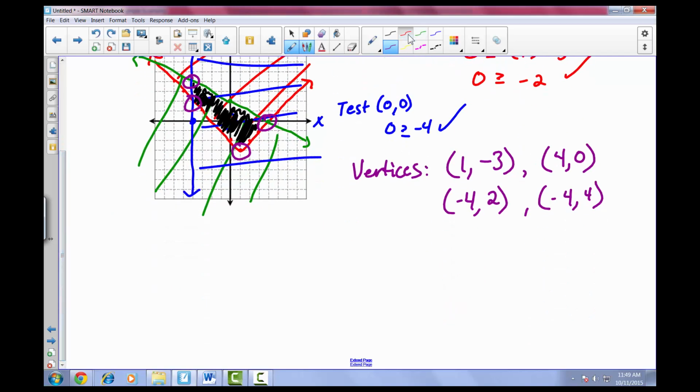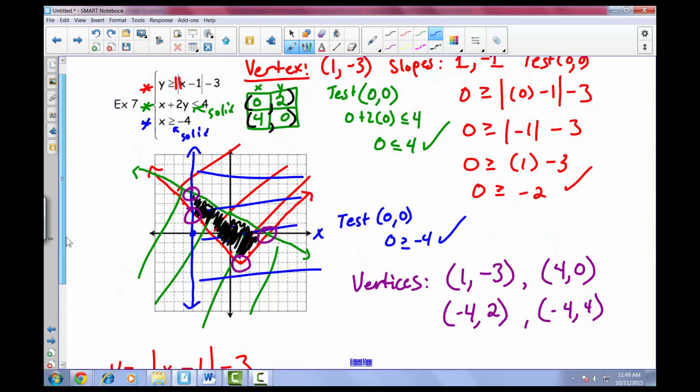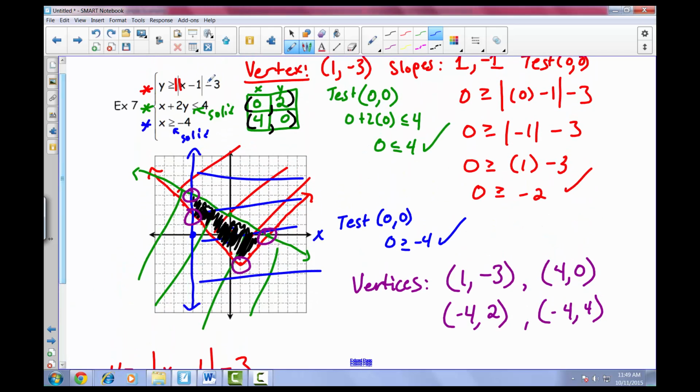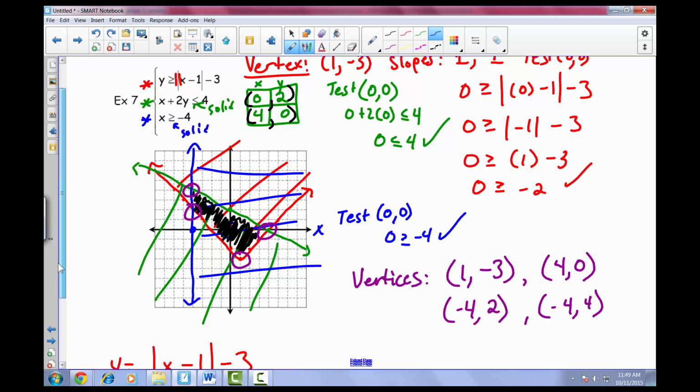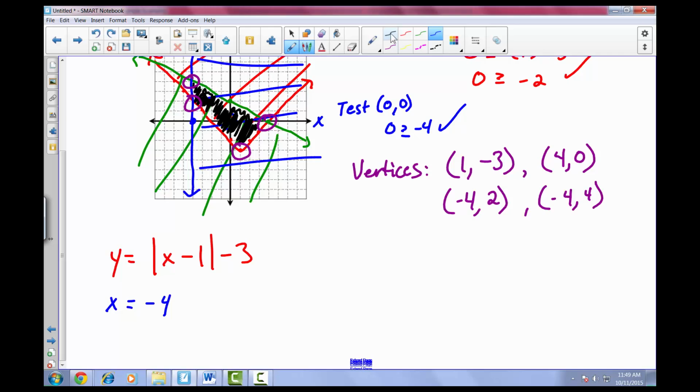So again, our absolute value was y is equal to the absolute value of x minus 1, minus 3. And then our blue was x is equal to -4. Just looking at the red one and the blue one, this intersection right here, we're confirming that this vertex is in fact what we think, (-4, 2).